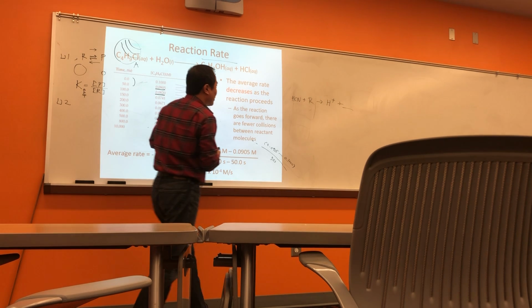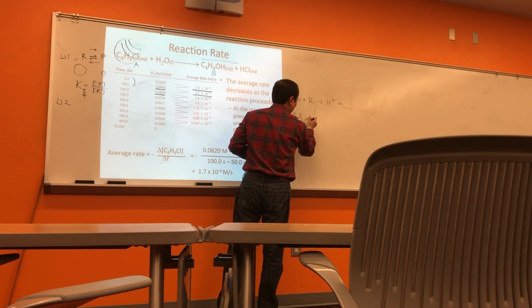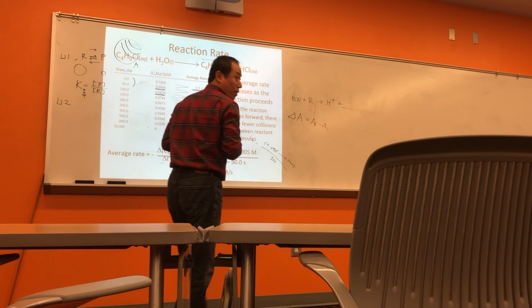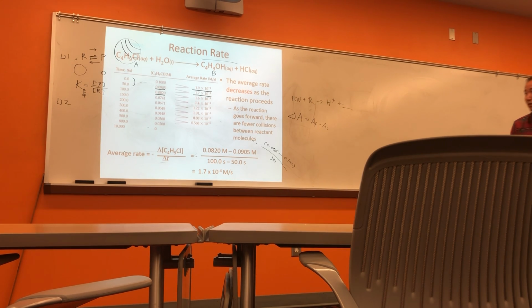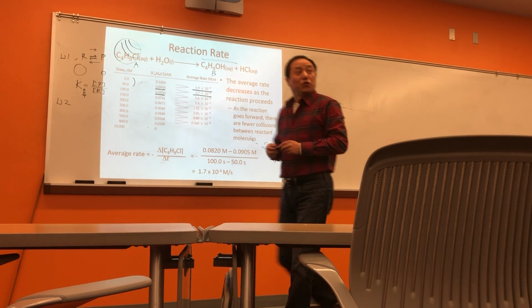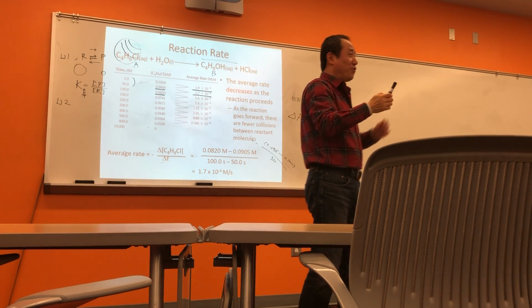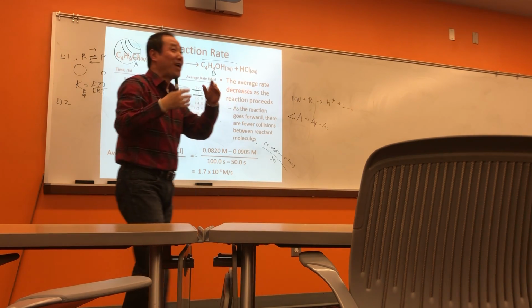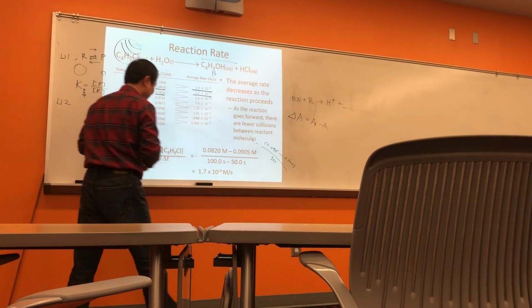Whenever we say change, delta, it's whatever the quantity is, final minus initial. If you did it the other way, you wouldn't have to put the minus in front of it. You can do that, as long as you remember. If you keep thinking later, you will confuse yourself and end up with the wrong number. But as long as you remember, it's okay.